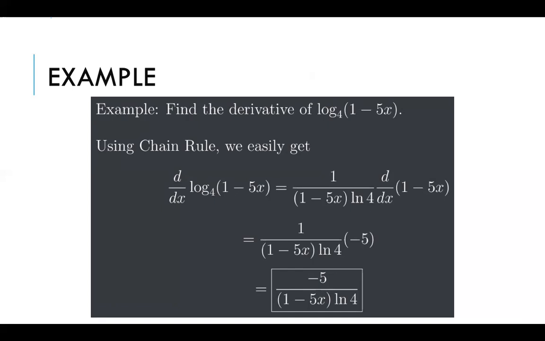Since we need to differentiate the term inside the function, which is 1 minus 5x, we get another factor, which is negative 5, right? So we multiply these two and get this final derivative, which is negative 5 all over quantity 1 minus 5x multiplied by ln 4.